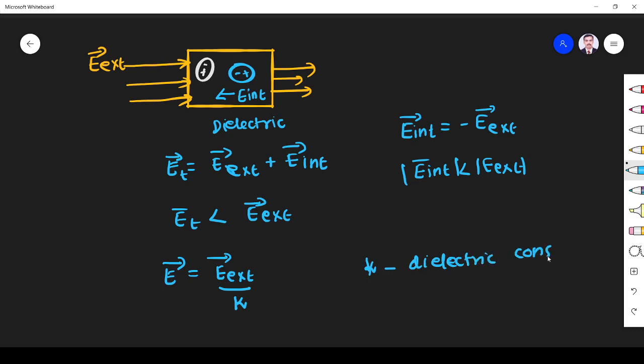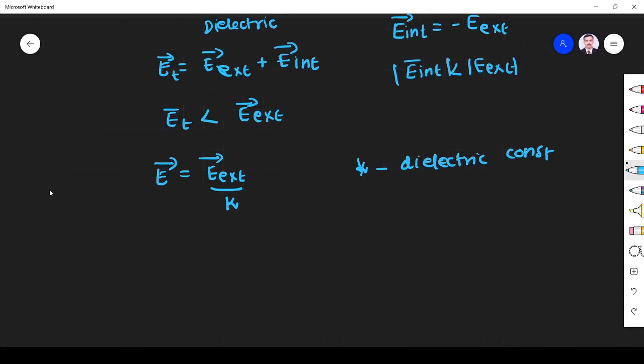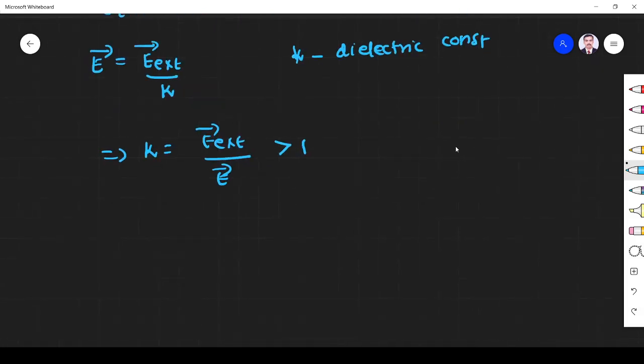We know that E total is less than E external. So kappa equals E external over E total, which is always greater than 1, because E total is lesser than E external. This is the way we can define the dielectric constant. The dielectric constant kappa is also known as relative permittivity.